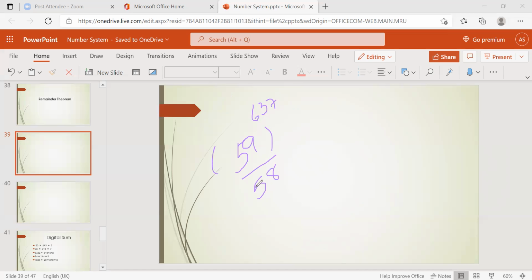By using the binomial theorem, we can write this as (58 plus 1) power 637 by 58. So this can be exactly divisible. 1 power 637 is nothing but 1, so 1 is the remainder. Now, like this, I'll give some questions to you. Just solve: 96 by 97 whole power 132. Now, give the answer for this one.